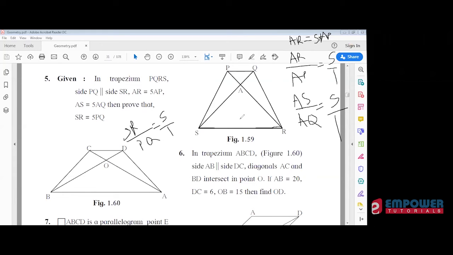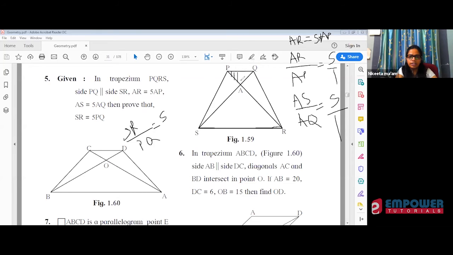Now which sides are given? They have given this AR, then AS, and then AQ. So basically we need to consider these two triangles. This is one triangle and this is the second triangle.